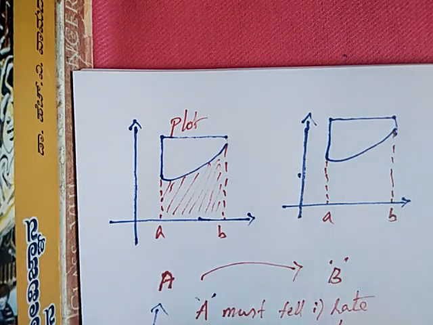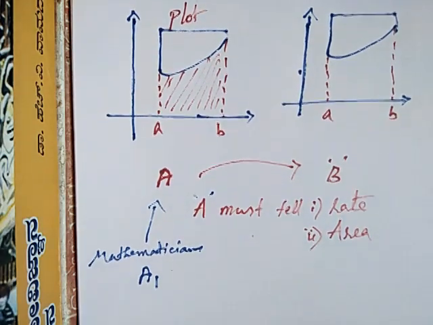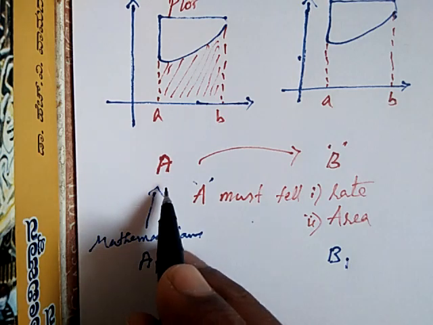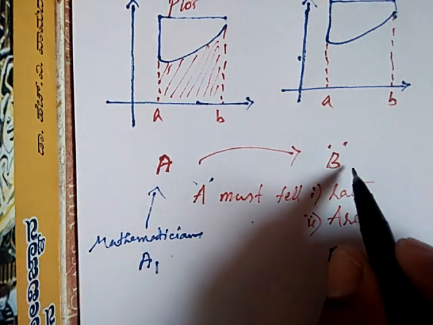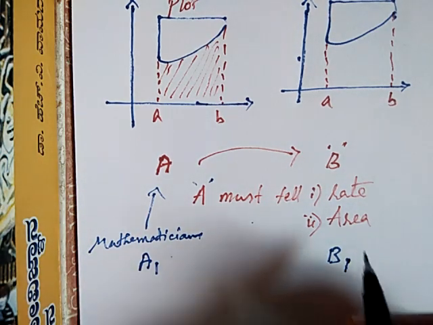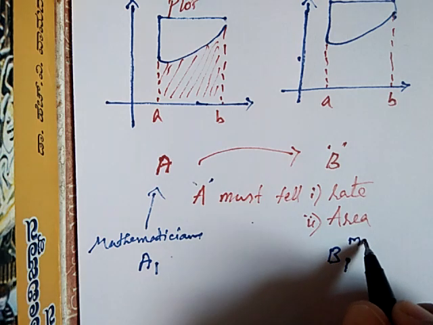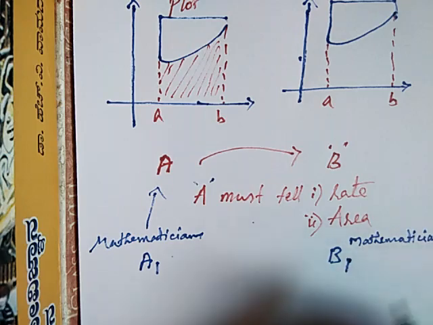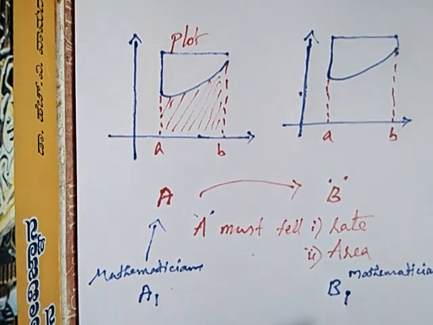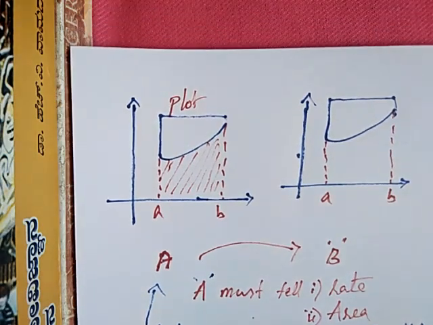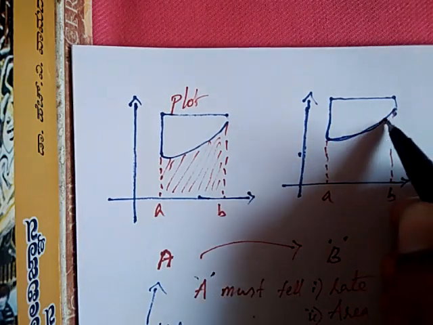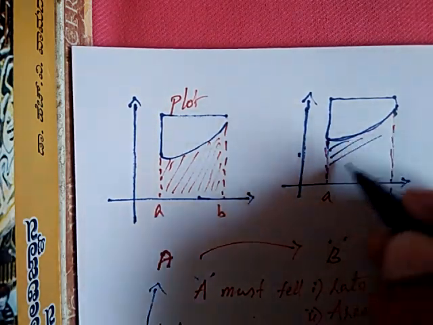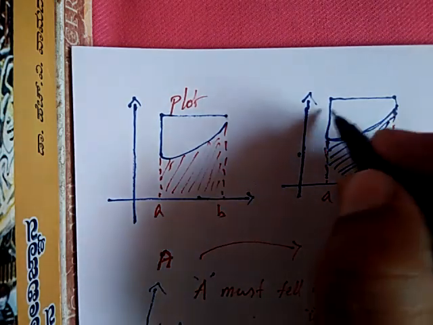Now one more supporter is there for B, B1, like A1 was there for A, so B1 is also a mathematician. He will say that we are having the plot only from here to here, so why do we need to pay an extra amount for this one?